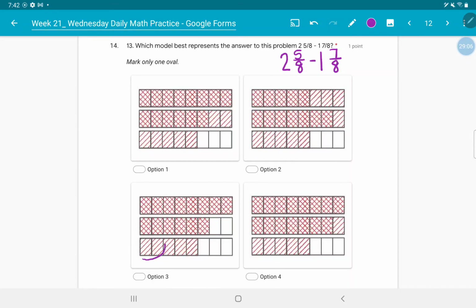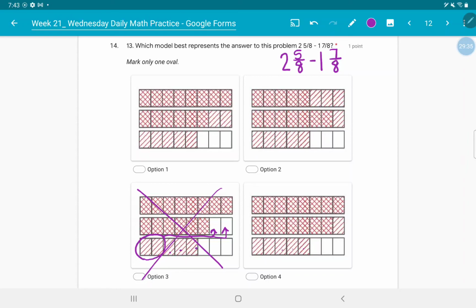And let's see, if I take these 2 and move them here, that makes 2 wholes, but we only have 3/8 more, so we know that one's not going to be correct. Option 4, we have 2 and 1, 2, 3, 4, 5 out of 8, so 5/8. So it's going to be either option 1, option 2, or option 3.